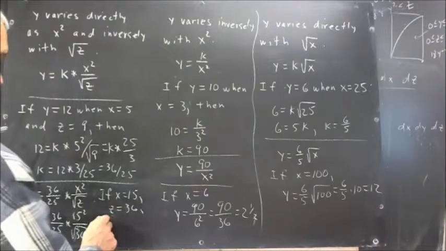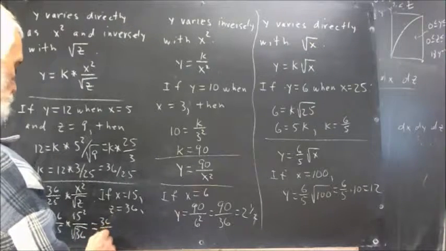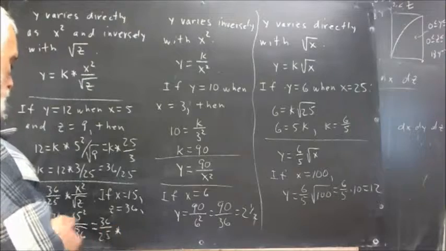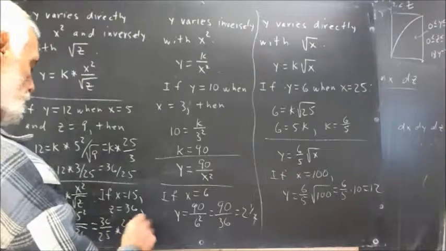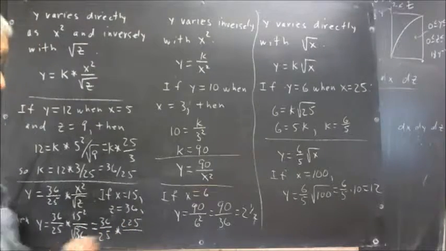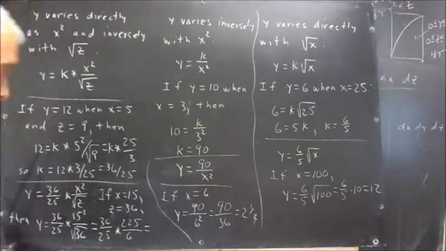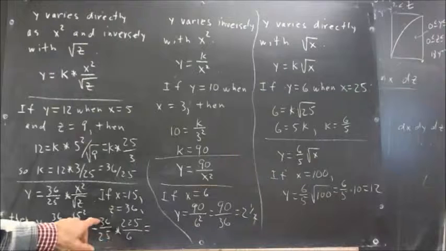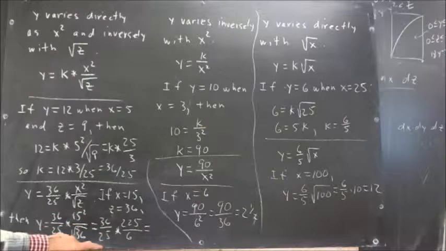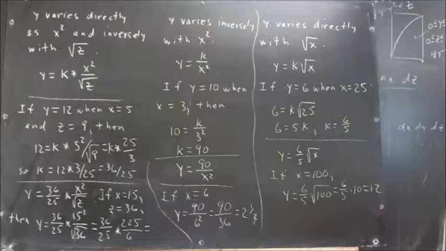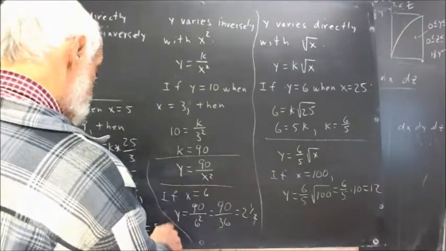Okay, well, that's 36 over 25 times 15 squared is 225. Square root of 36 is 6. And you can figure out what that is, but it's easy. 6 goes into 36 6 times. 25 goes into 225 9 times. 6 times 9 is 54.